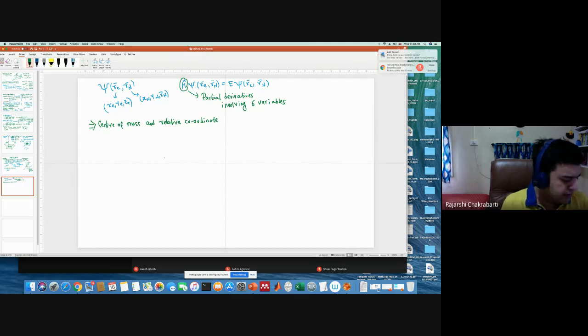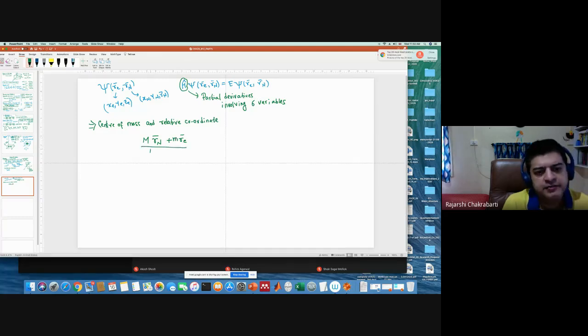So let me take this. What I do, I take this Rn, multiply it by the mass of the nucleus, plus Re multiplied by the mass of the electron, and divide by the total mass.